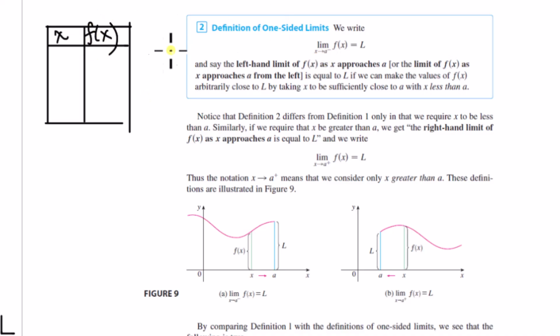Now we're thinking about the limit as x approaches a from the left. Let's say we're thinking about x approaching 2 from the left. We could start plugging in values of x like minus 1, 1.2, 1.5, 1.75, and maybe the function doesn't even exist at those values. Maybe the function doesn't even exist at 1.9, 1.99, 1.999.